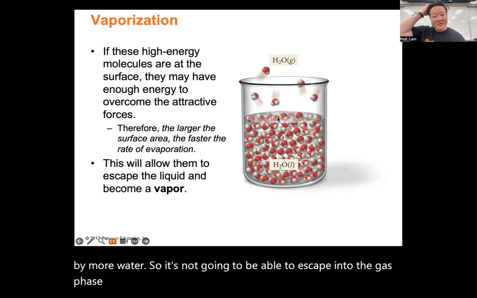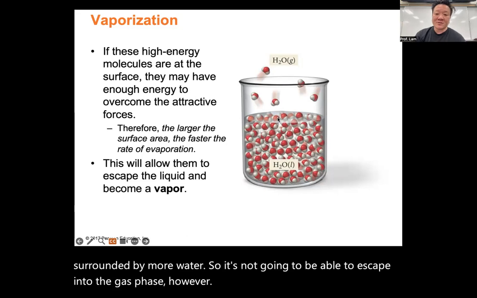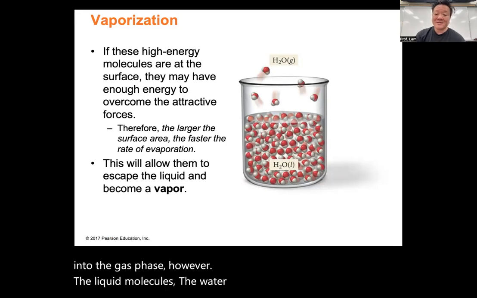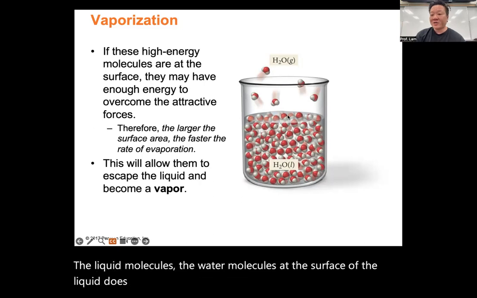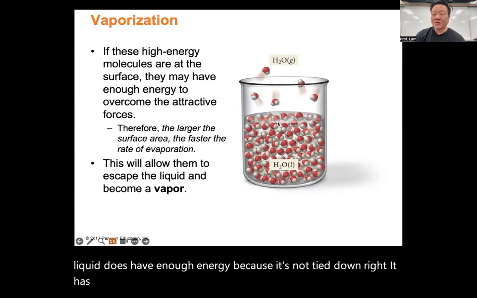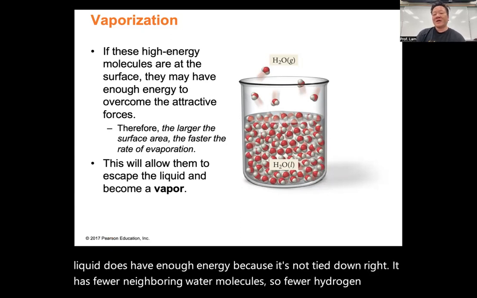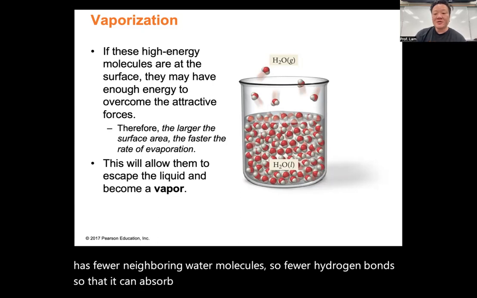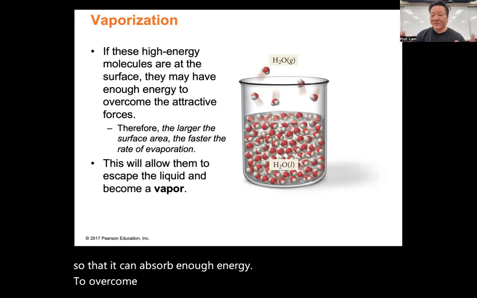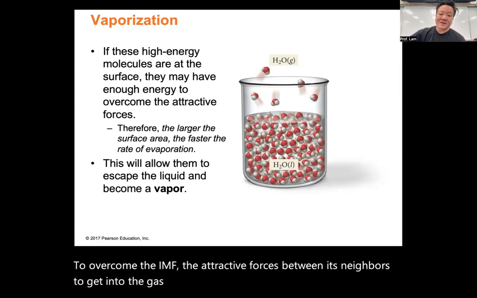However, the water molecules at the surface of the liquid do have enough energy because they're not tied down, right? They have fewer neighboring water molecules, so fewer hydrogen bonds, so that they can absorb enough energy to overcome the IMF, the attractive forces between their neighbors, to get into the gas phase. Right?